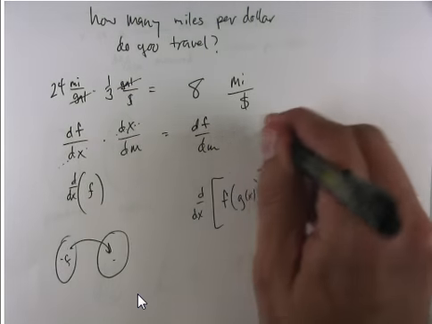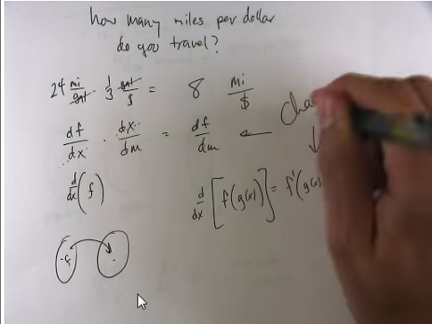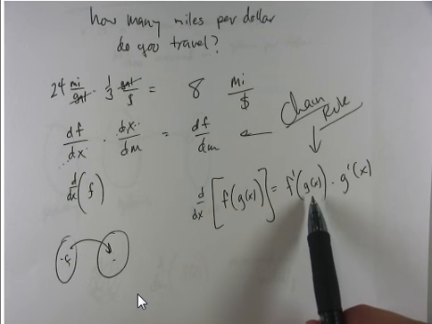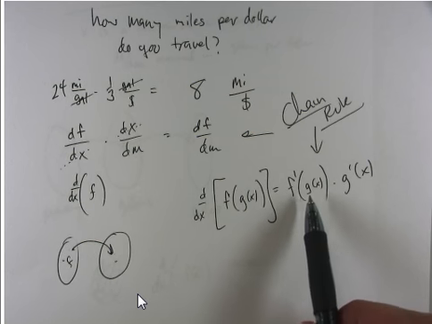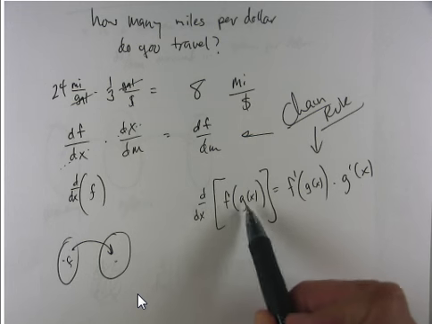These facts are the chain rule. This is how we're going to differentiate composite functions. In general, we're going to identify an inside function that's happening, and then there's this outside function that's taking the inside function to somewhere else.